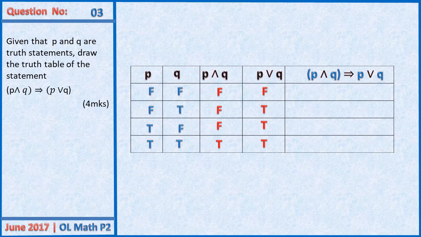So for the first case, P and Q are false and P or Q is also false. So this statement is true for the first case. For the second case, when the first is false and the second is true, it is not true, so it is false. In the third, the first is true and the second is false, so it is still false because they are not the same. It is only true when they are the same. For the last case, both are true. It is true.